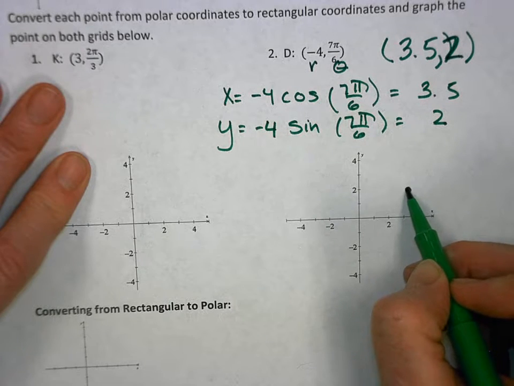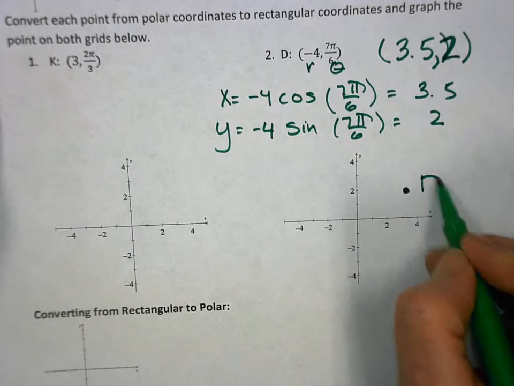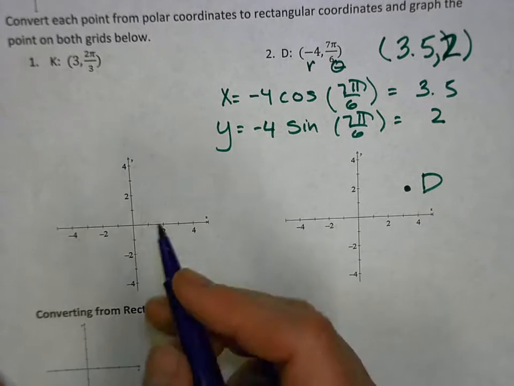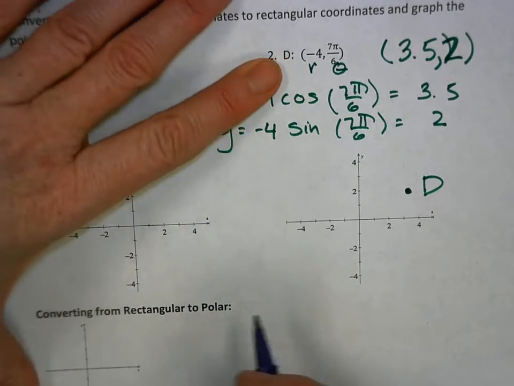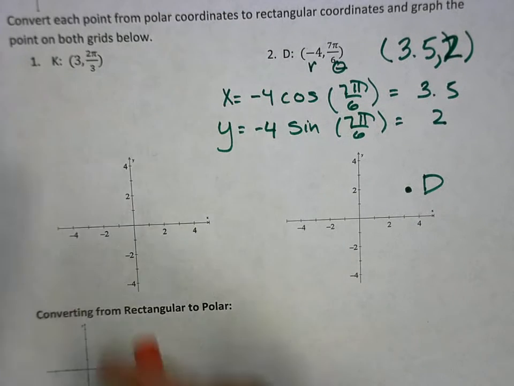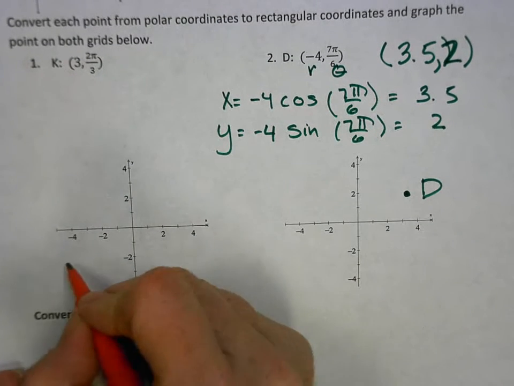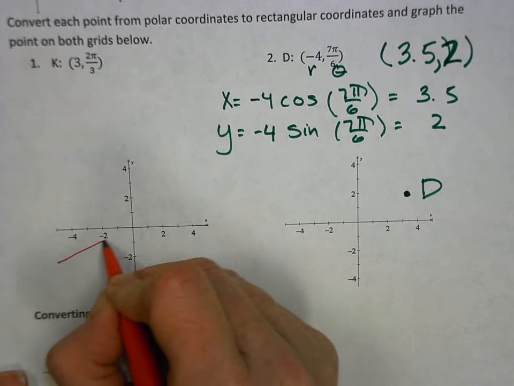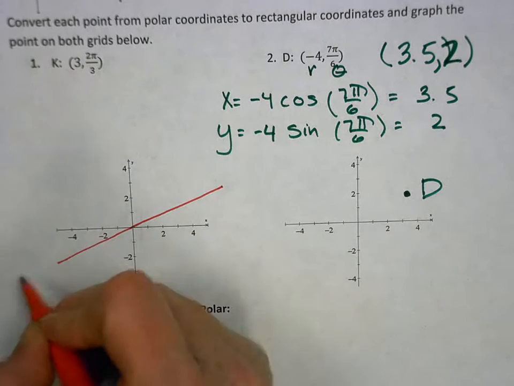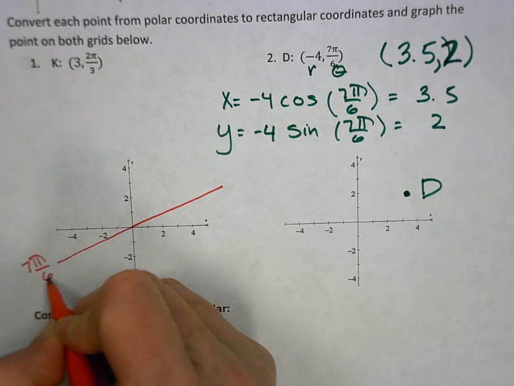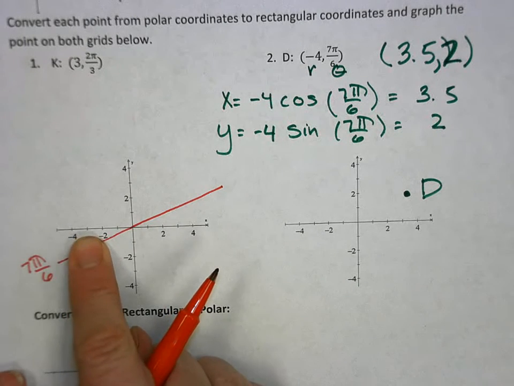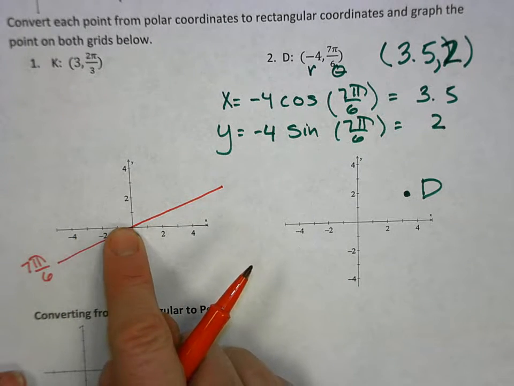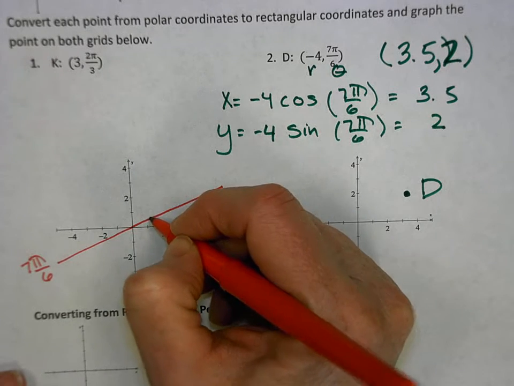3.5, 2, and let's graph on the polar. This is D. I'm graphing it on the polar plane. I'm doing this one, 7 pi over 6, which I know to be about here. There we go. This is 7 pi over 6 in a positive direction, so from 0 around to here. And then I have a negative radian, so I just go out 1.